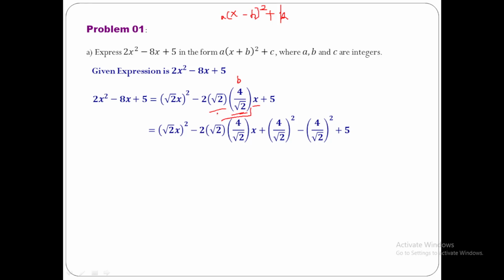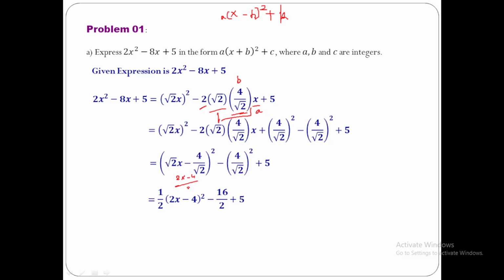Now we add b squared and subtract b squared. The first three terms combined can be written as (a minus b) the whole squared. Then we get (root 2 x minus 4 by root 2) the whole squared. Root 2 squared is 2, so we can write it as 1 by 2 times (2x minus 4) the whole squared.